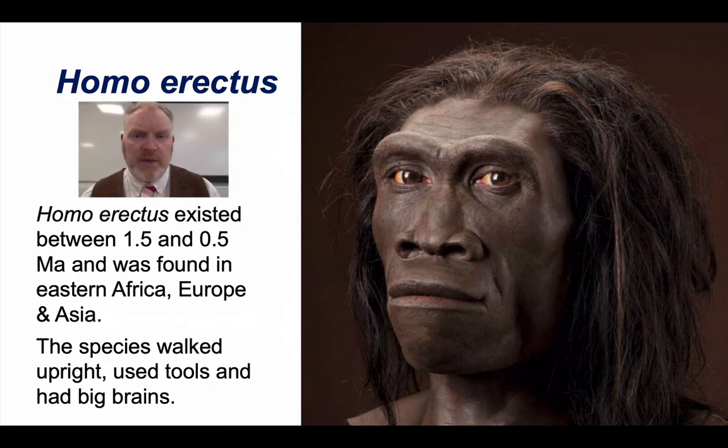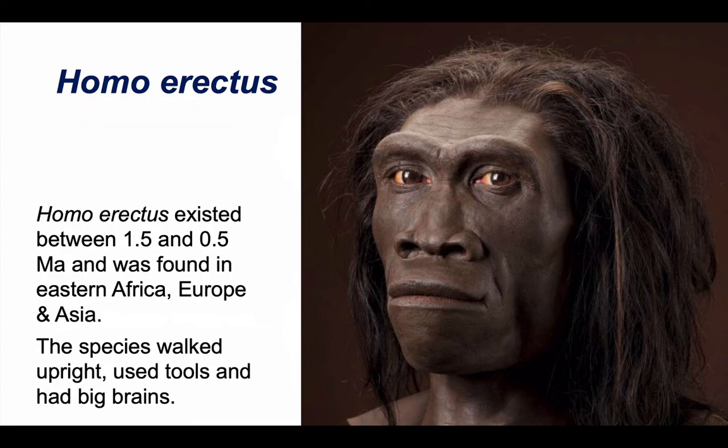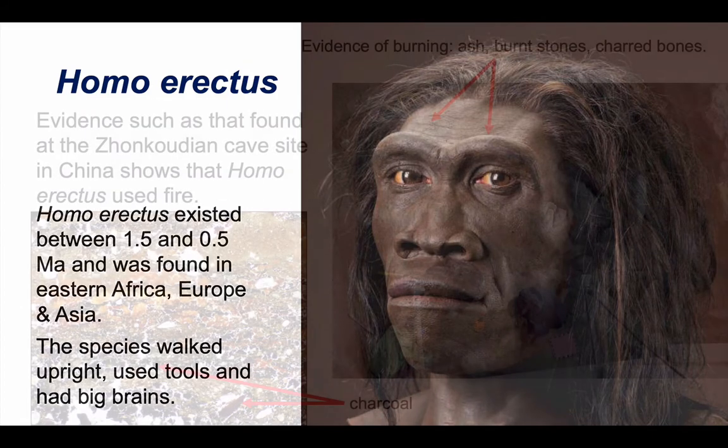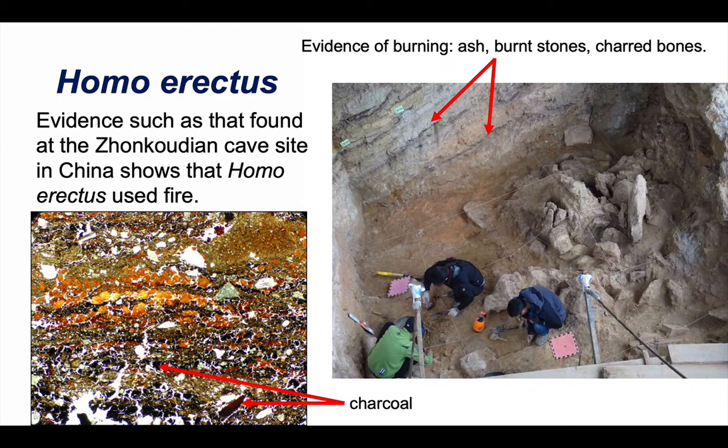If we move on in time again, we get to Homo erectus, between 1.5 million and 500,000 years ago. Notice how the geographical distribution of this species is starting to spread. Like their ancestors, they walked upright, they used tools, they had bigger brains still. But we see some other evidence as well.